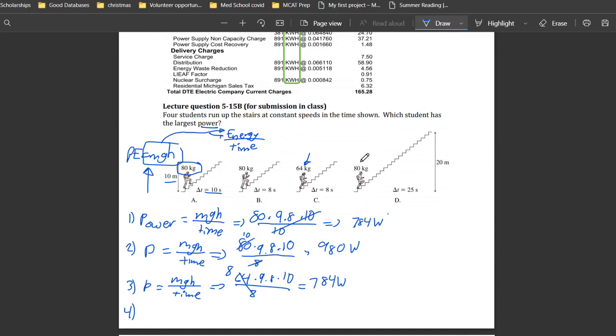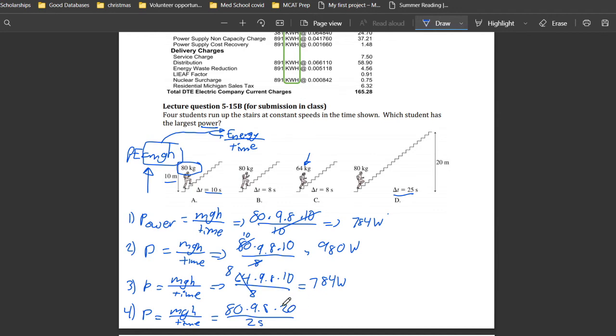And now, considering this last scenario, we have a larger distance over a larger amount of time with 80 kilograms. So when we plug all this in, power is equal to mgh over time, and time is in seconds. And we see that 80 kilograms times 9.8 meters per second squared times, now, instead of 10 meters, it's 20 meters, divided by 25 seconds.